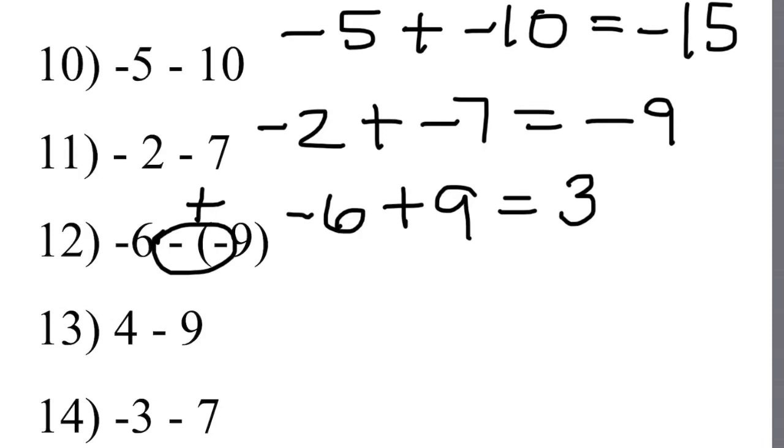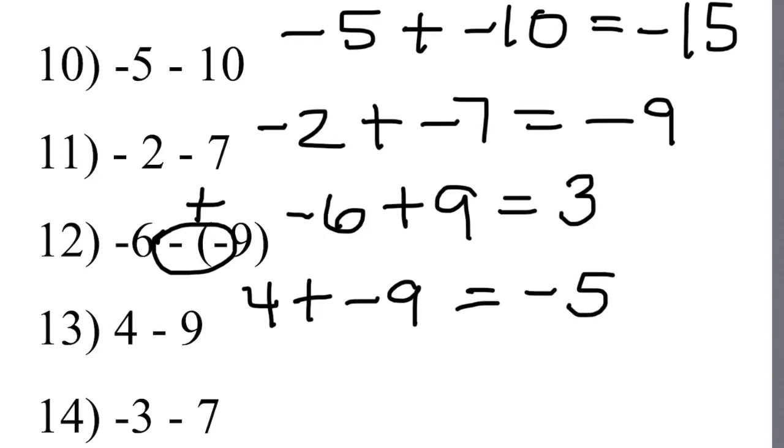Put 4 fingers up. Can you take away 9 if you only have 4? You can, but your answer is going to be negative. Think about starting at 4 on your number line and going to your left 9. This is the same as 4 plus -9. You owe $9. You pay off 4. You still owe 5 more.